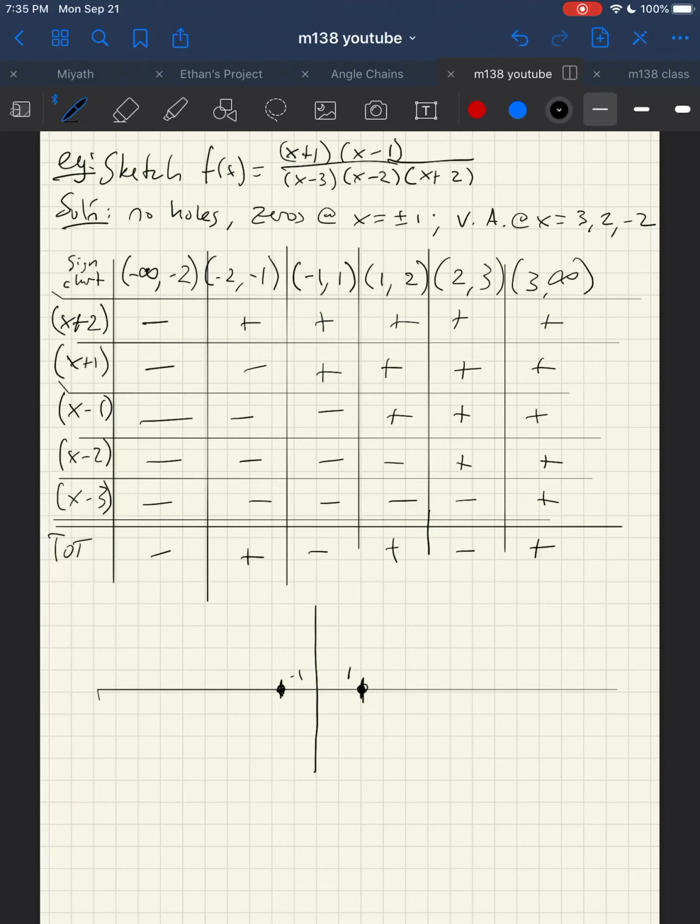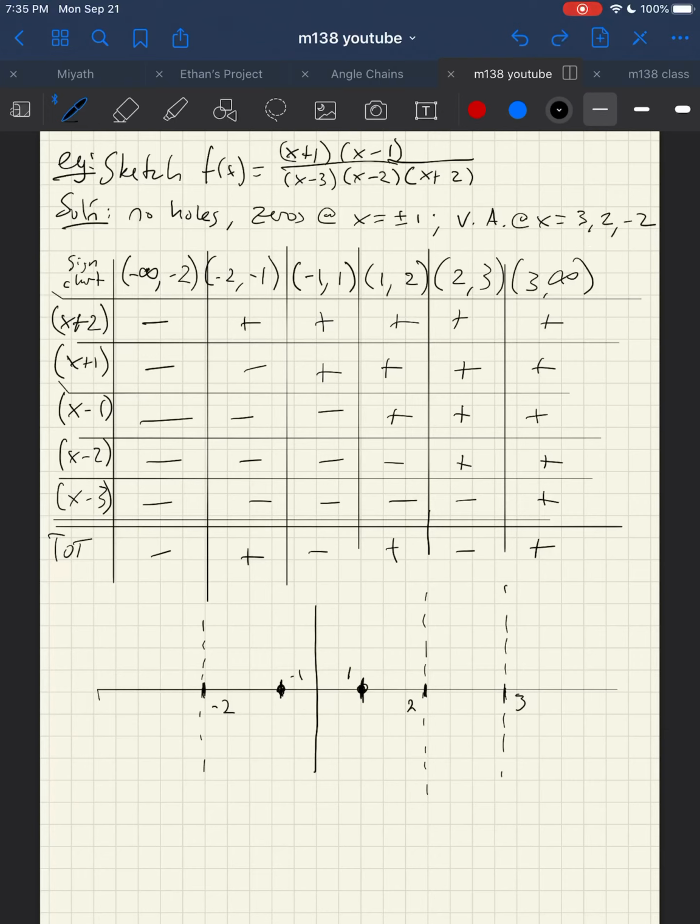Then I've got something happening at positive 2. What's happening at positive 2? I've got a vertical asymptote. Then I've got a vertical asymptote at positive 3. And I've got something else happening here at negative 2. What happens at negative 2? I've got a vertical asymptote.